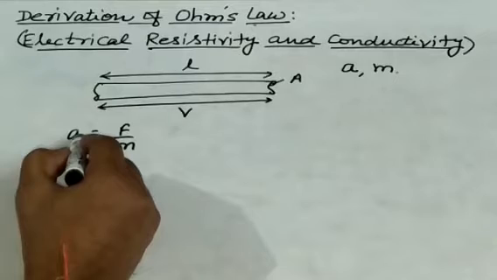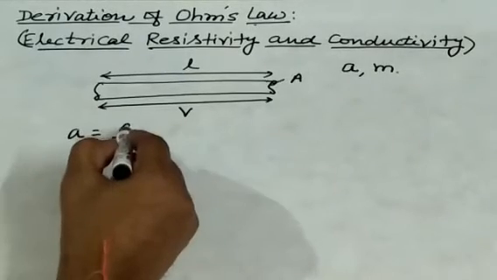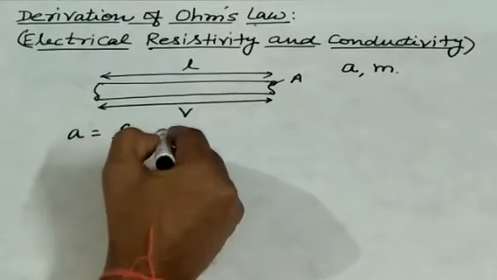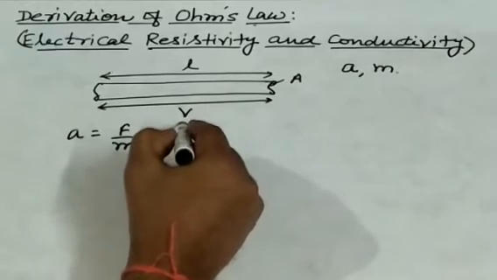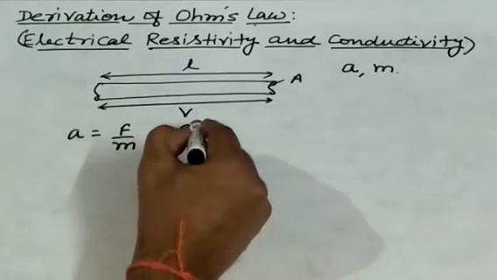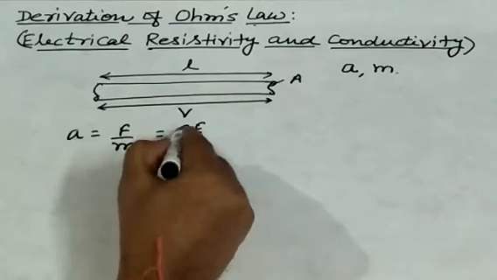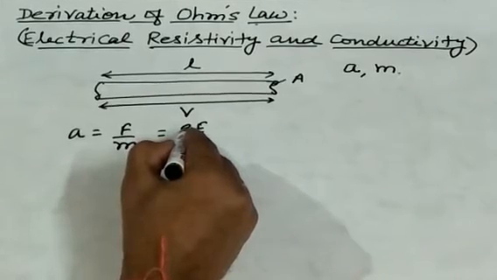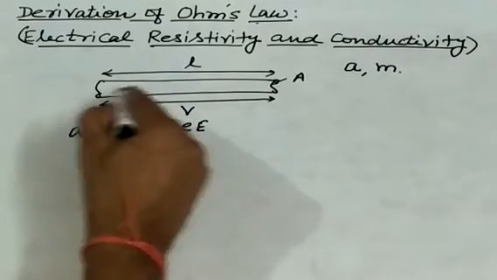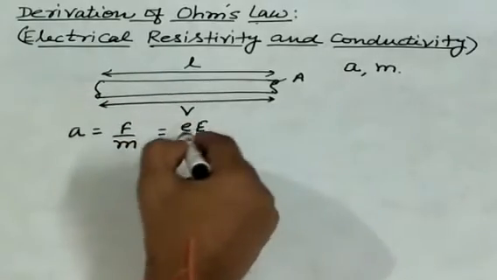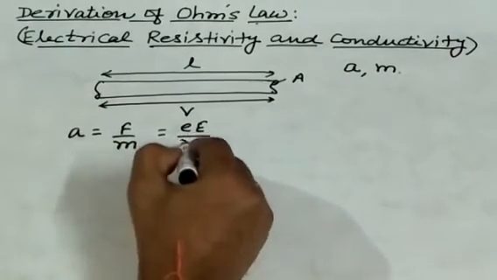And suppose the acceleration of that electron is a, so a is equal to F by m, and in place of F, we can write F is equal to eE, the magnitude of that force, where e is the charge on the electron and E is the electric field set up inside the conductor, so a is equal to eE upon m.